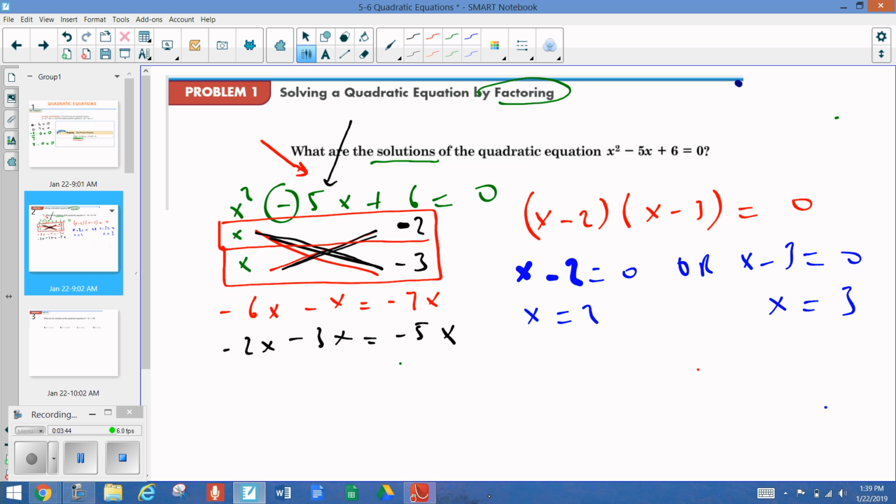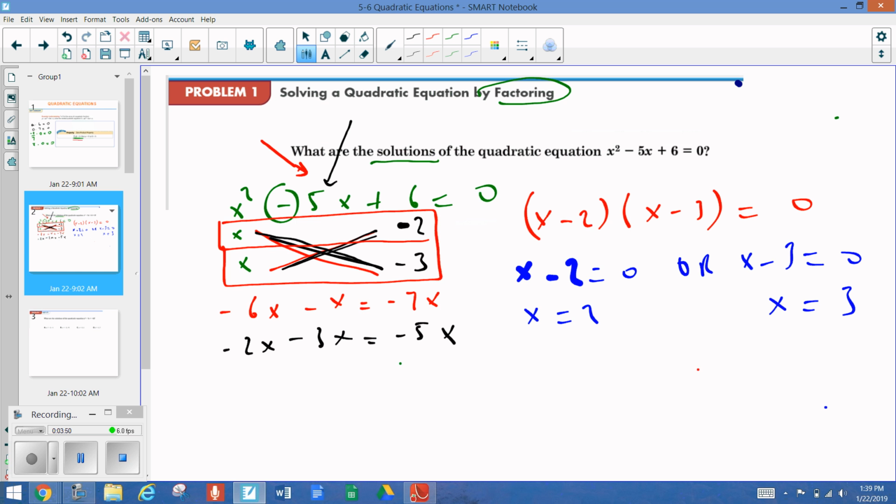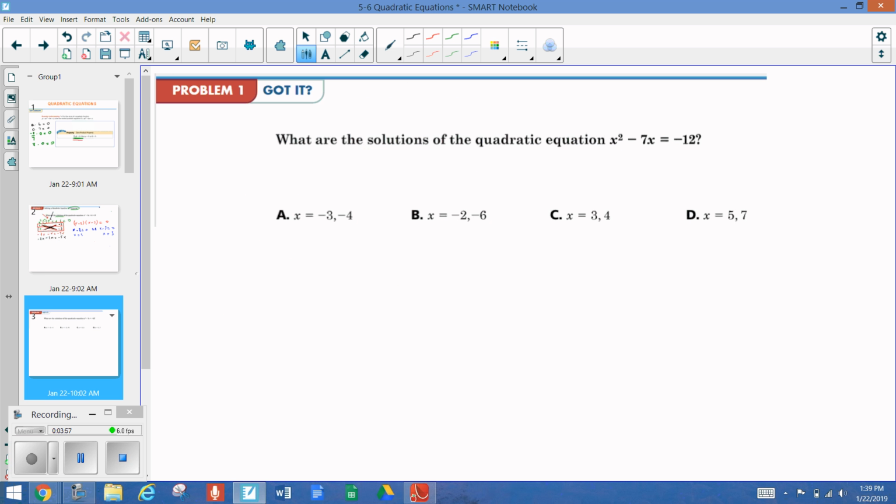Let's do the next example. Is there any question on this one? No? Let's do this one. First things first, it must be in the standard form.